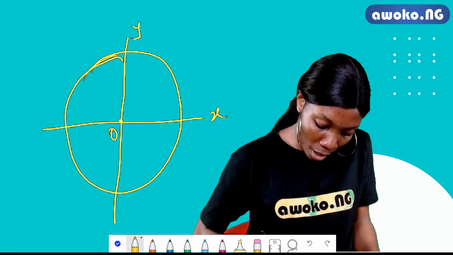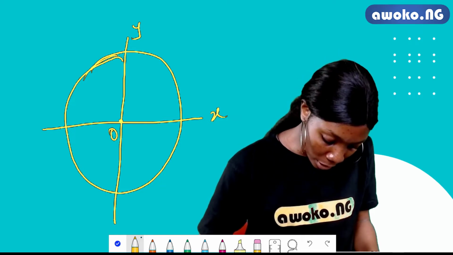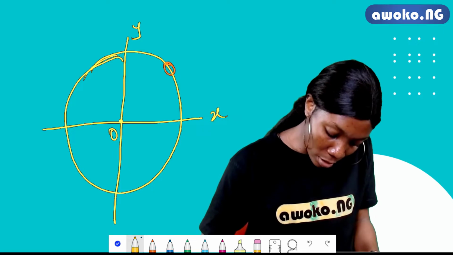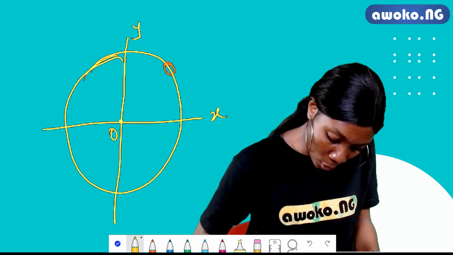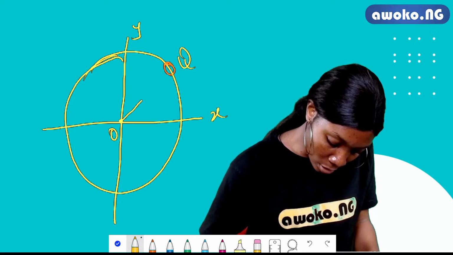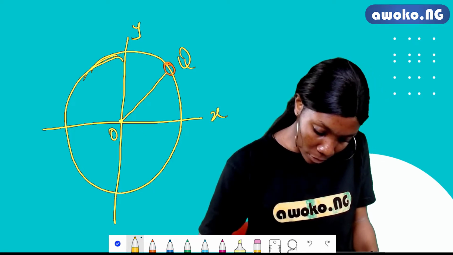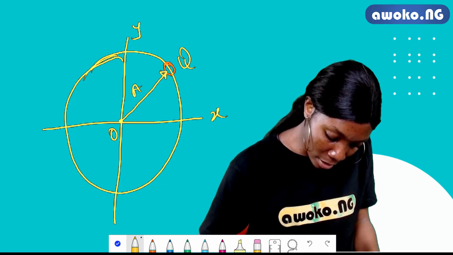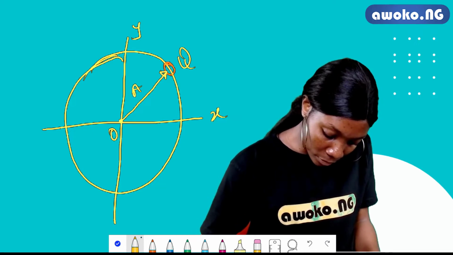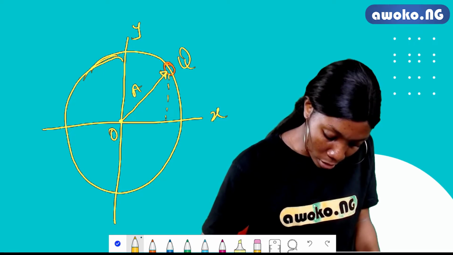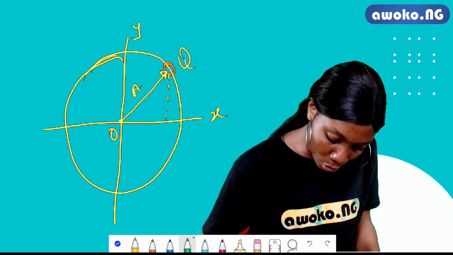Let's show our ball now. So the ball is at a point here on the circle. Call this point Q. So this is the radius of the circle A. Now this is the shadow. Let's show the shadow which the ball makes on the screen.